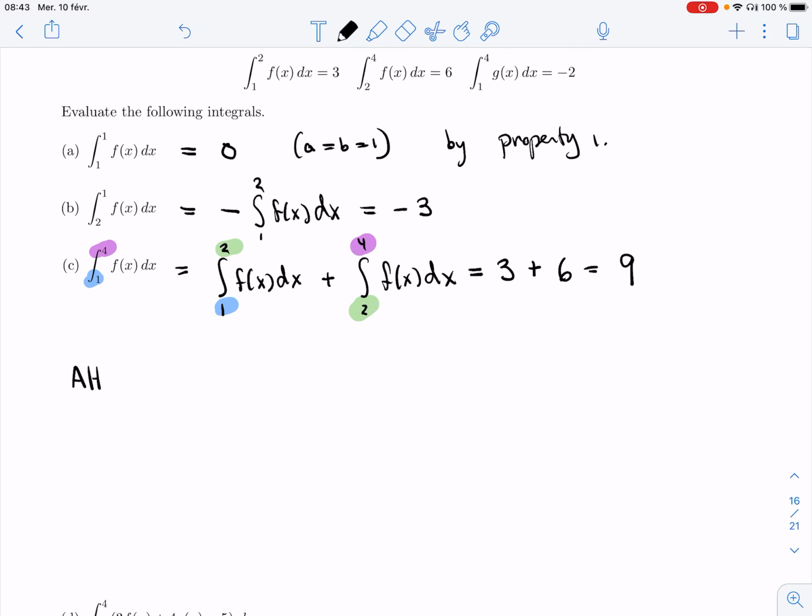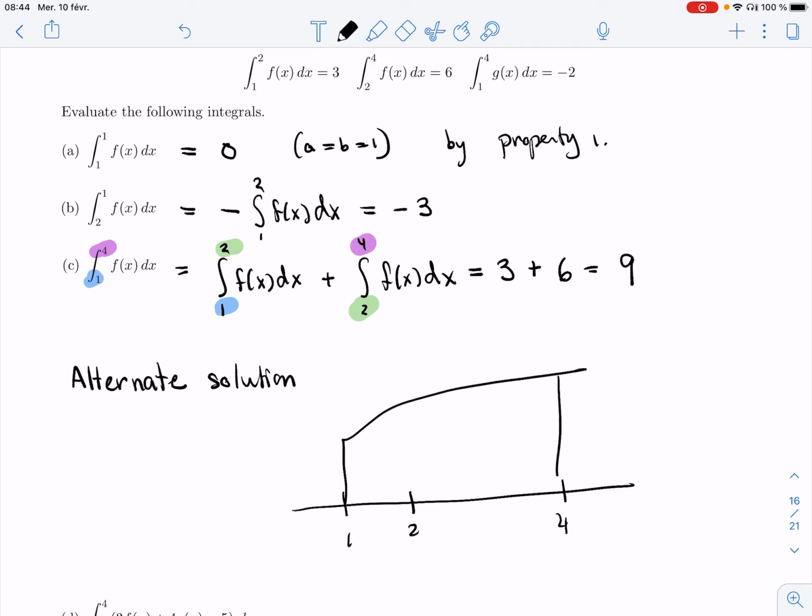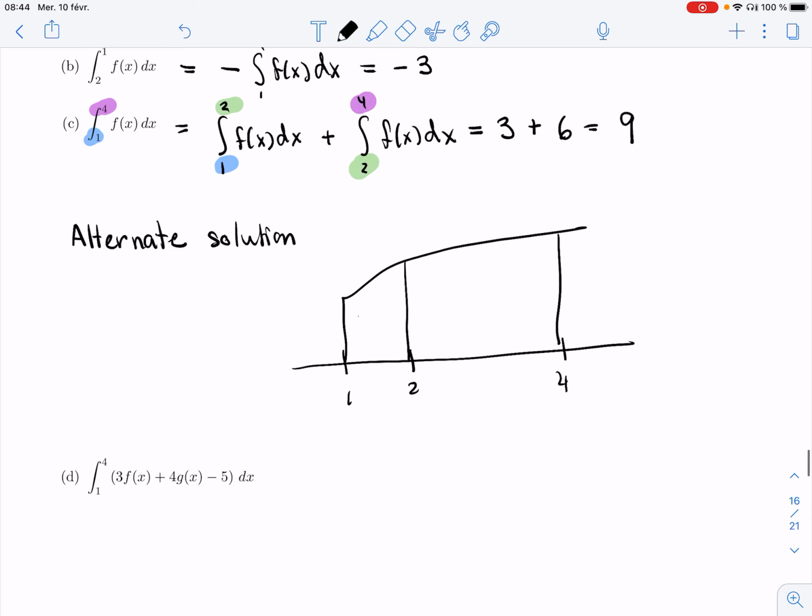Let me give you the geometric approach. So I could draw a picture from 1 to 4, put 2 right here. I have my function, whatever that function is. And so I'm given that this area here from 1 to 2 is 3.